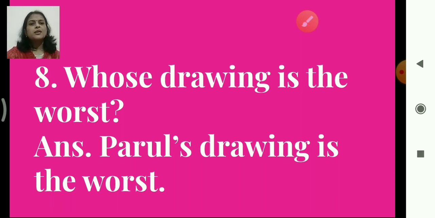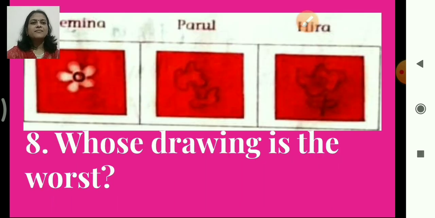So why? Just see here again. Here you can see Hira, what she has done? She has done the drawing, but her flower, which maybe the teacher told them to draw, her coloring is not good. Okay, but she has drawn a complete flower. But if you look at Parul, her drawing is incomplete, right?